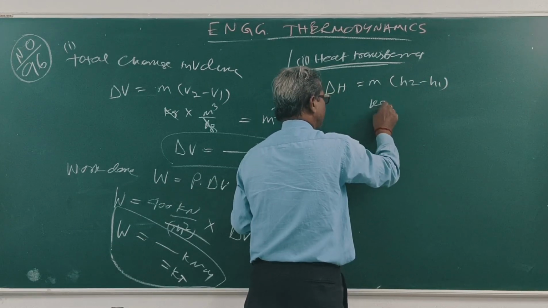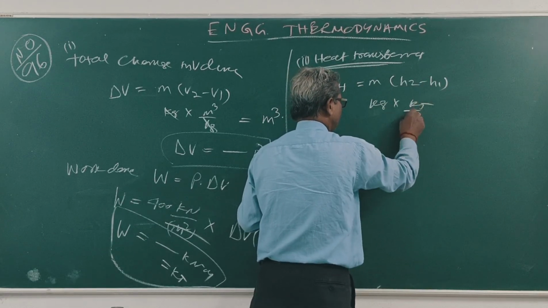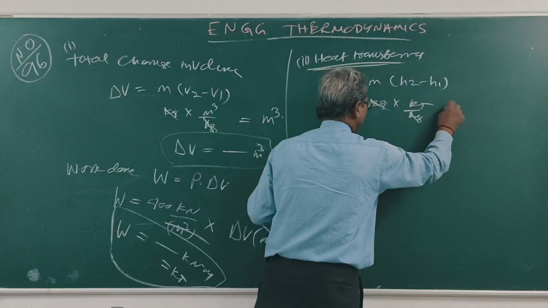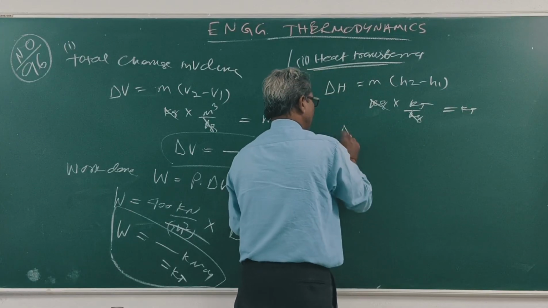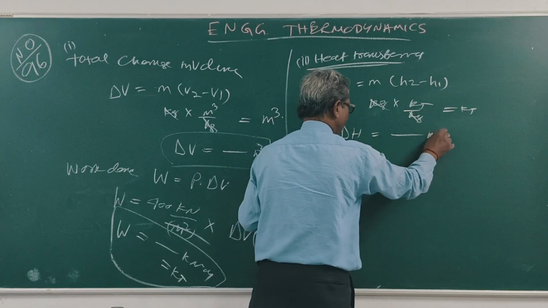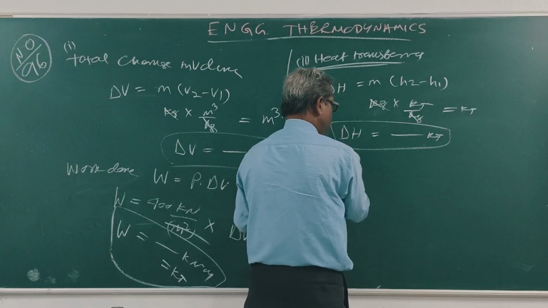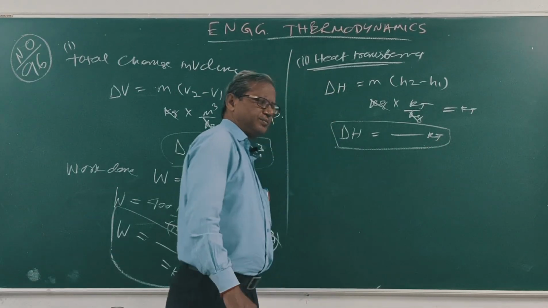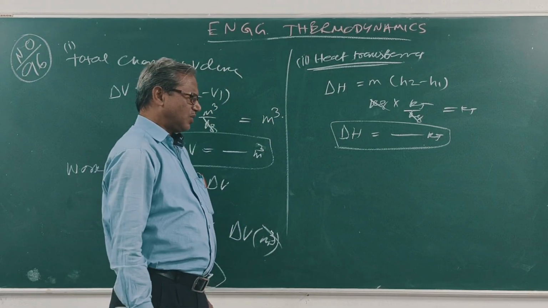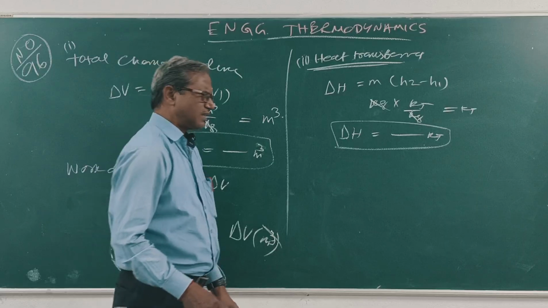This is kg, kilojoule per kg. Kg cancels out, answer in kilojoule. Find delta H in kilojoule. Right? Delta H in kilojoule.